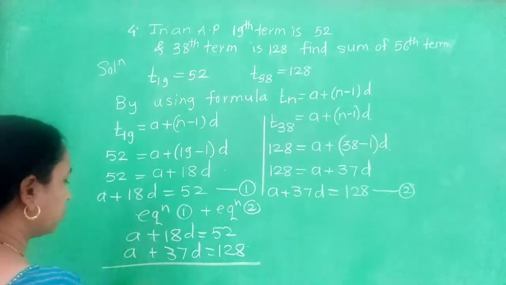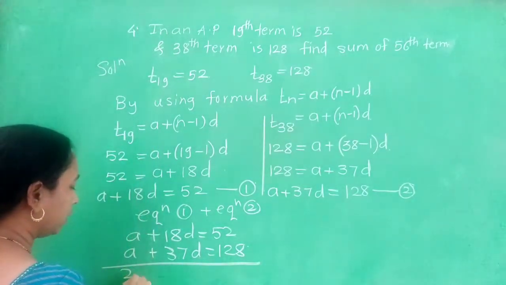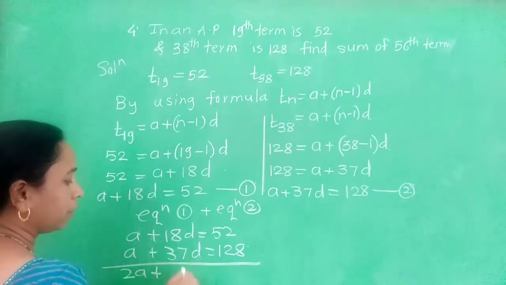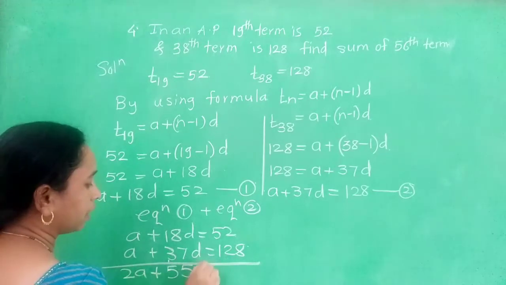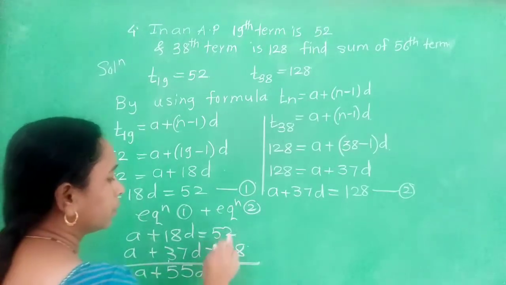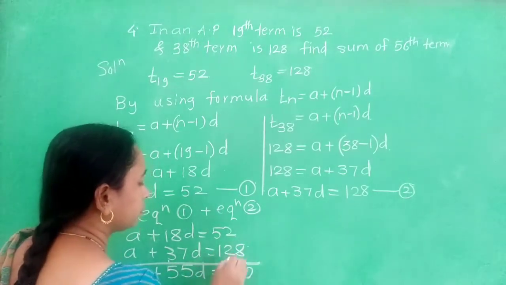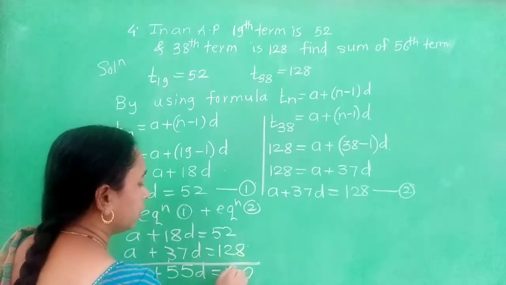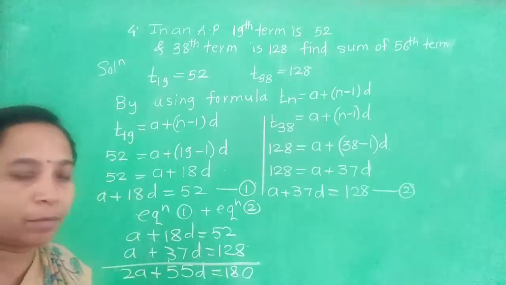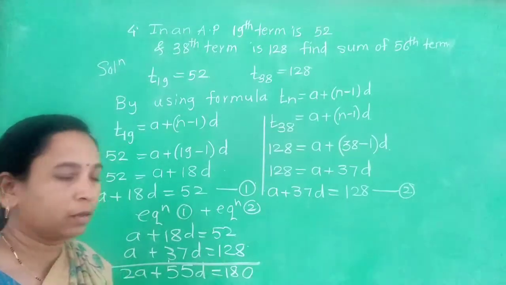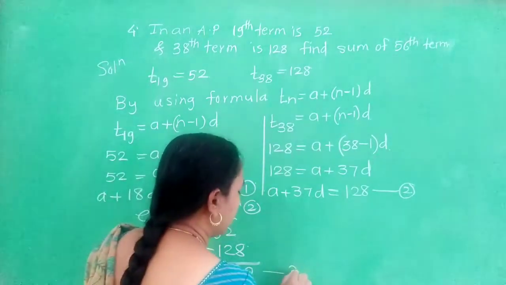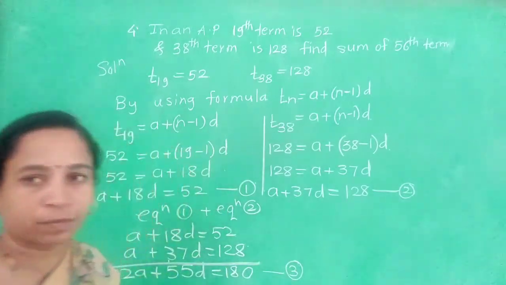After addition, we get 2A plus 55D, and adding the right side, the answer is 180. That means 2A plus 55D is equal to 180. This is the third equation.